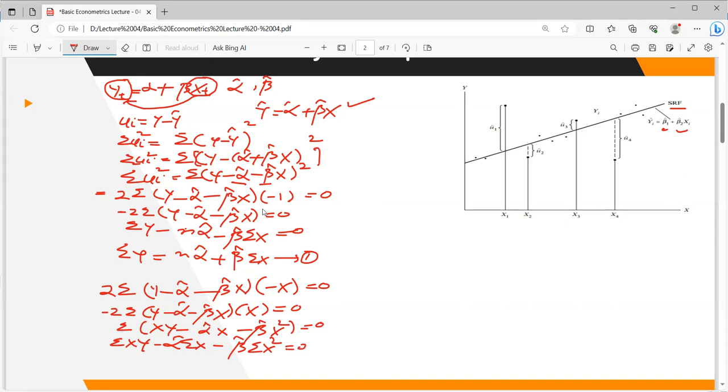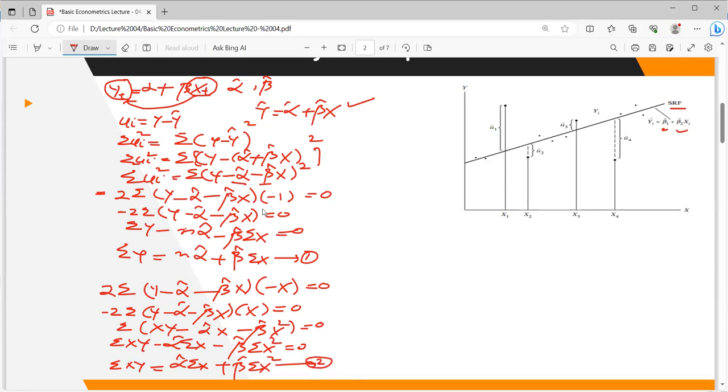By rearranging the equation, you can write summation xy is equal to alpha estimated summation x plus beta estimated summation x square. This is equation number 2.